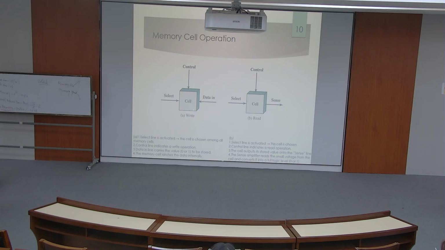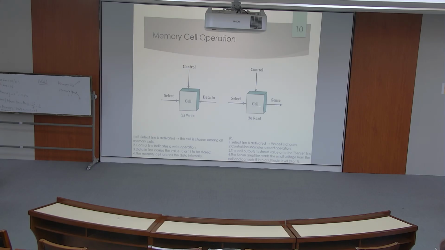The data in line has to carry the value, 0 or 1, and it has to be stored. We have to store the selected value in this cell. The memory cell then latches the data internally.